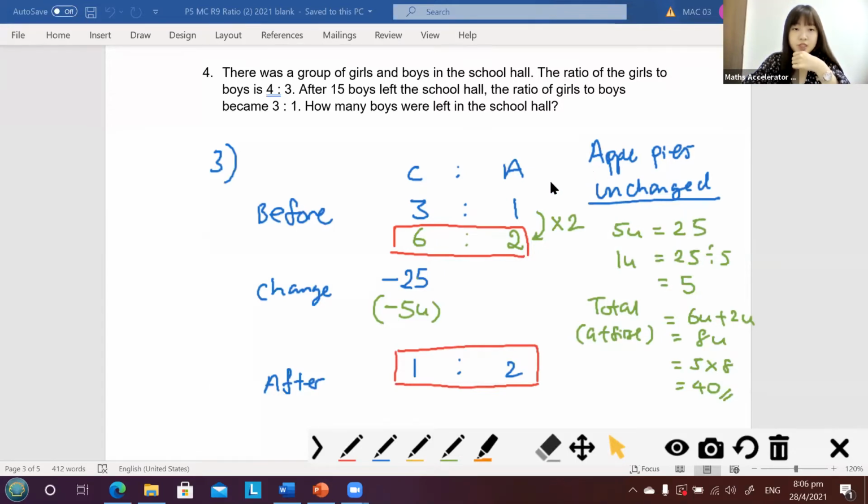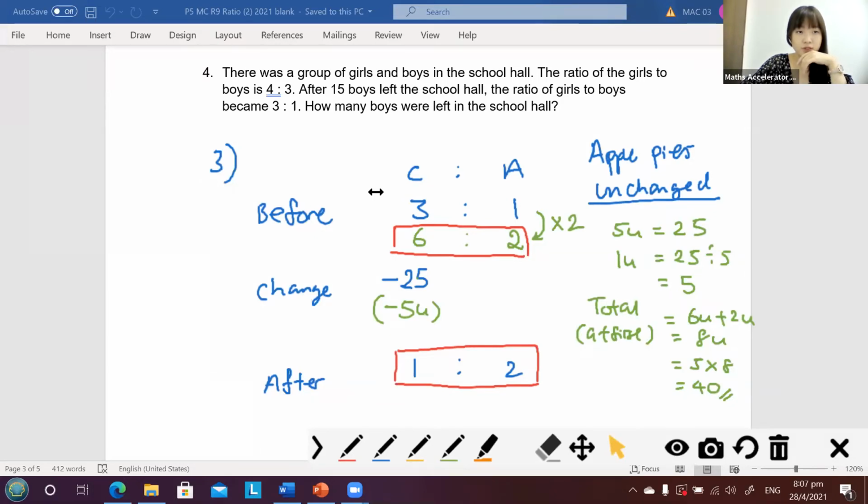Tell me what is unchanged. I think I can stop the poll already. Let's see what you chose. Okay, very good.